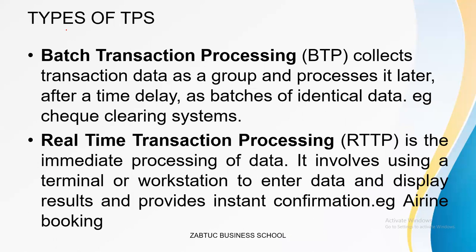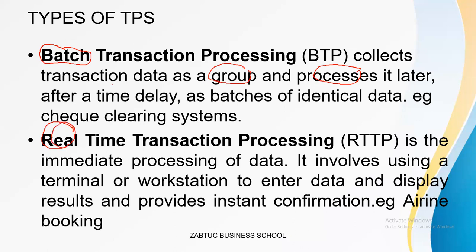Years back, some of these systems we used to work on batch processing, where first of all, we would wait for a number of transactions to take place before we can process them. So this system would collect transaction data as a group and process it later. Nowadays, almost all these systems are real time.